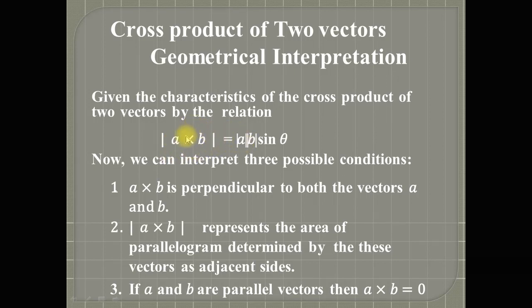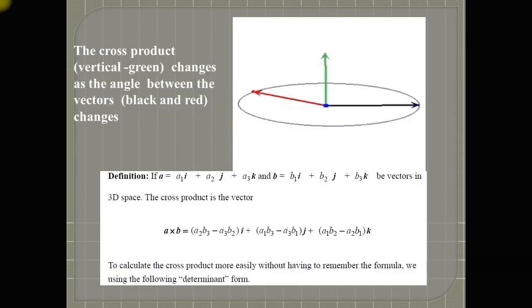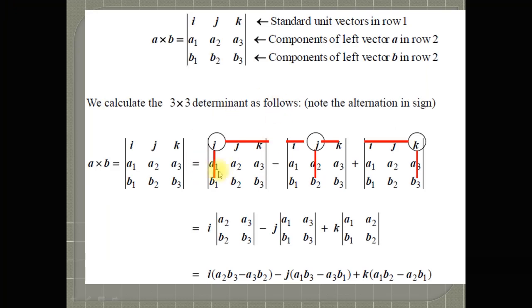But A cross B can also be found by using the determinant. We can find the cross product of two vectors by using a determinant, and in the determinant the first row contains the standard unit vectors, the second row contains the components of vector A, and the third row contains the components of vector B. Now expand this determinant simply by any row or any column, and we can easily obtain the cross product of two vectors.